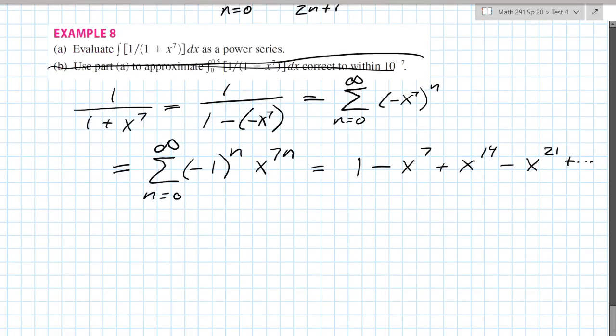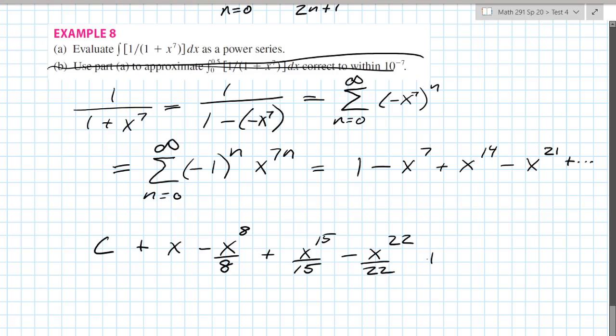So after integrating, we're going to have c plus x minus x to the 8 over 8 plus x to the 15 over 15 minus x to the 22 over 22, and so on.